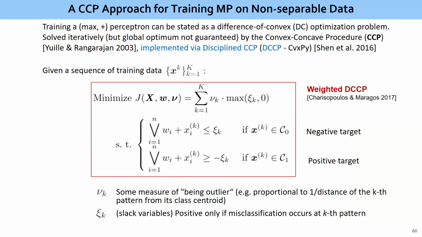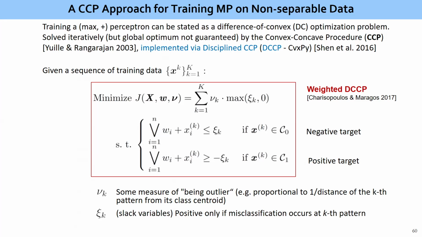We have formulated the problem in a similar way as in support vector machines. So we have defined a function to minimize that is the sum of the max of slack variables xi_k and 0. These xi_k slack variables are positive only if there is a misclassification.